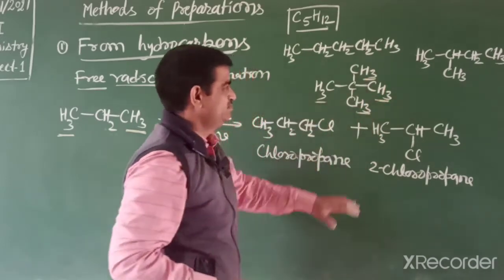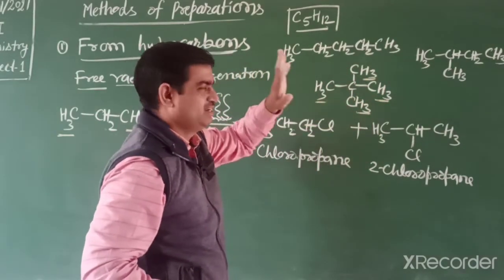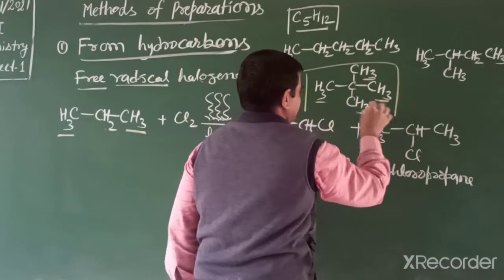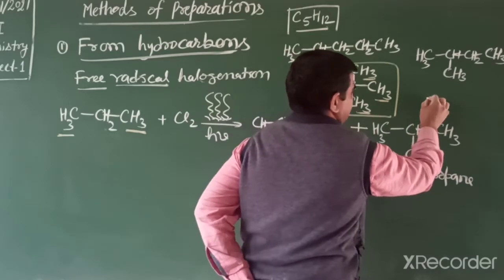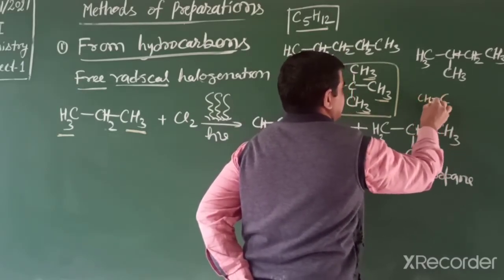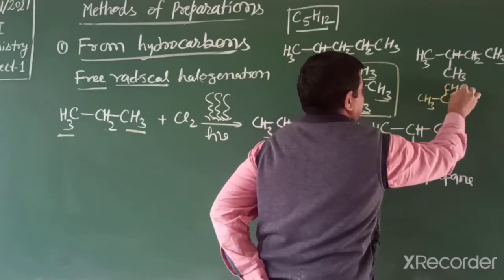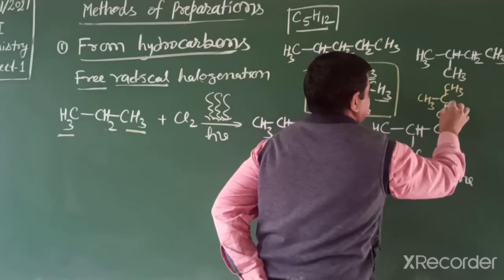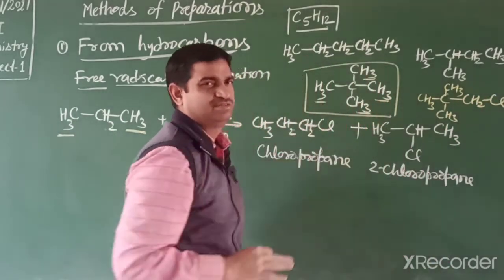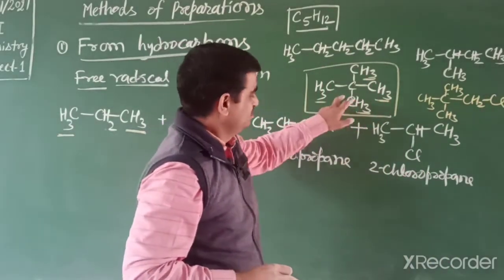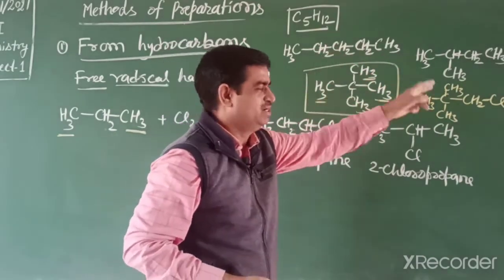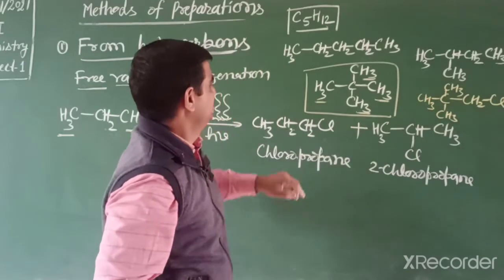If you remove any one of the hydrogens, we get a single product. This question came in an earlier CBSE exam. Out of 12, we remove any one, and we get only this product.